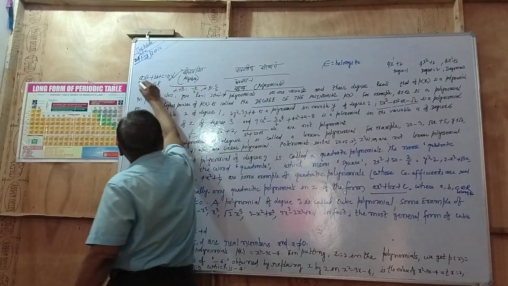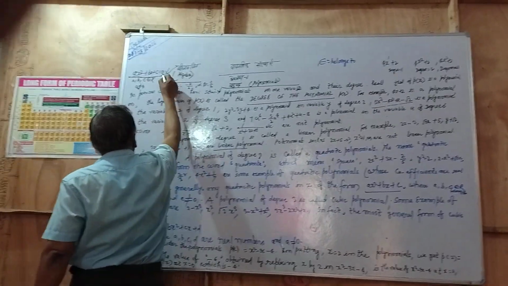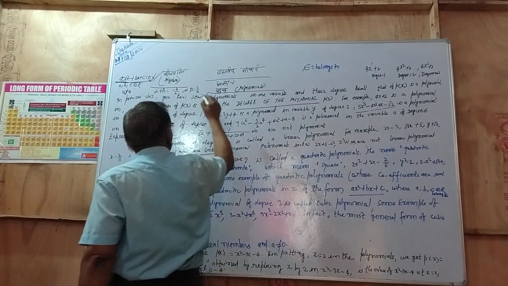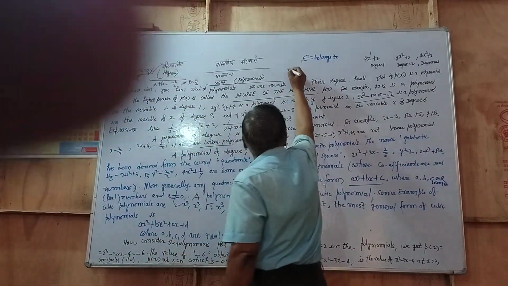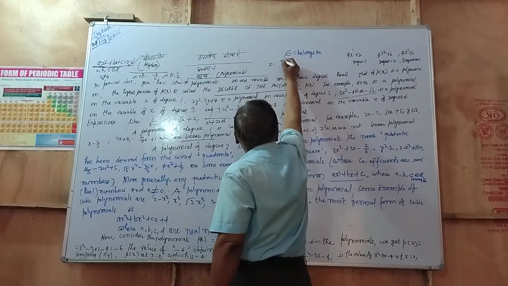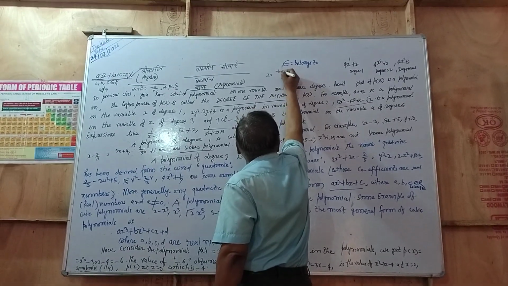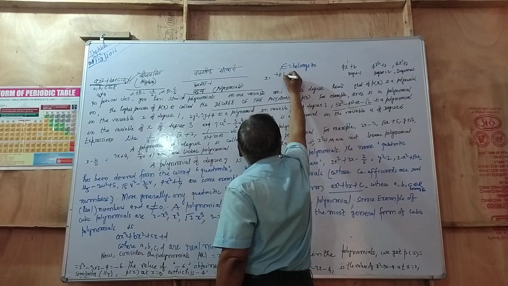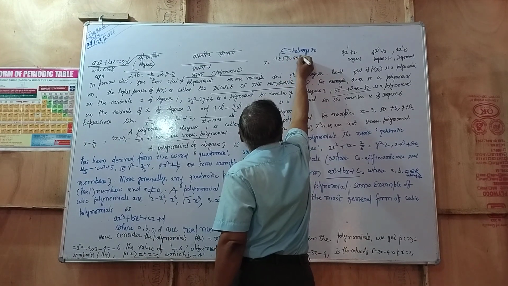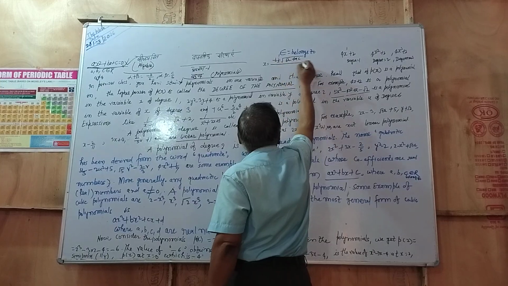And if you find out the roots of ax square plus bx plus c, then x will be minus b plus minus root under b square minus 4ac by 2a.